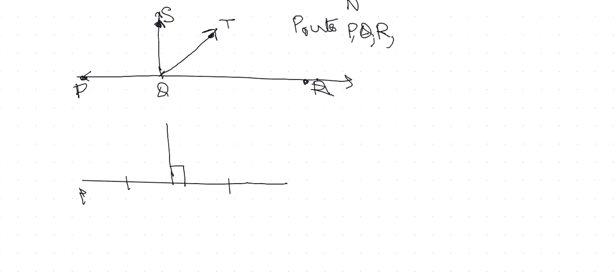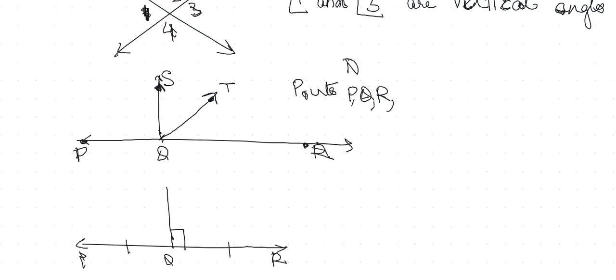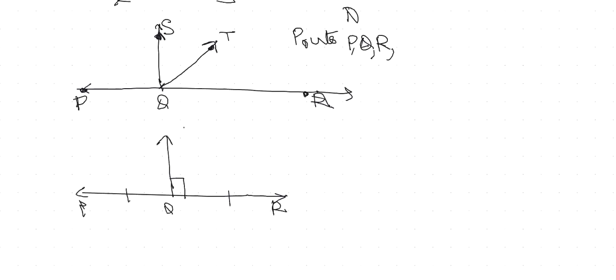Then it will say that PQ is congruent to QR, and SQR is 90 degrees.